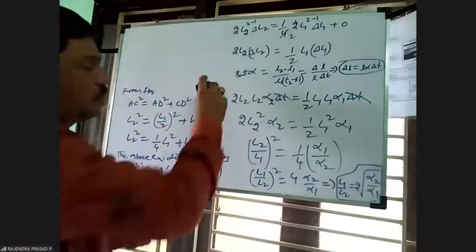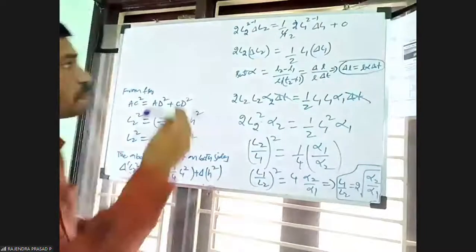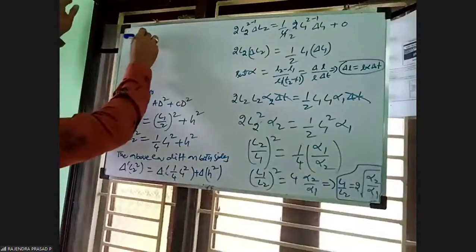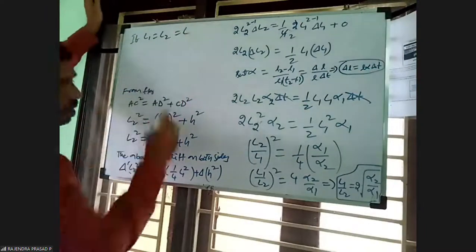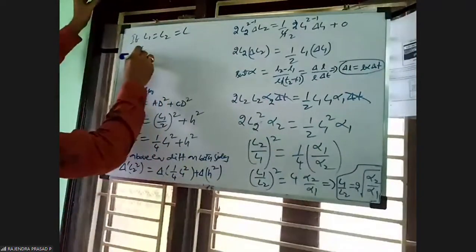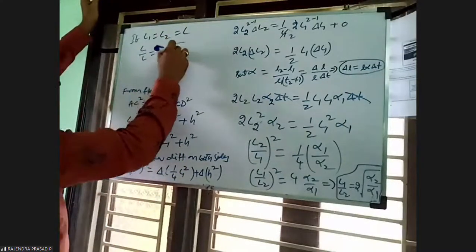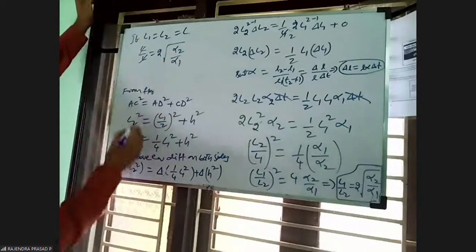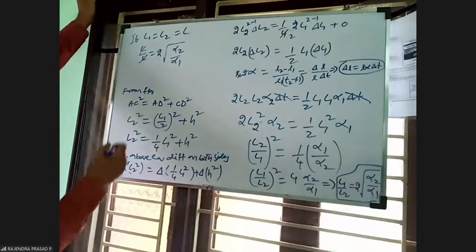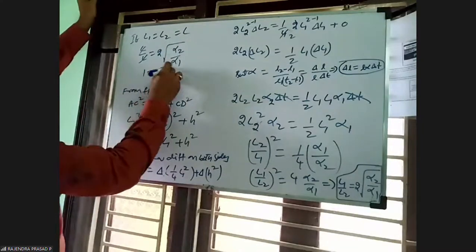Next one, if L1 equal to L2 equal to L for the same length, so L by L equal to 2 under root of alpha 2 by alpha 1. L gets cancelled, so 1 is equal to 2 under root of alpha 2 by alpha 1.